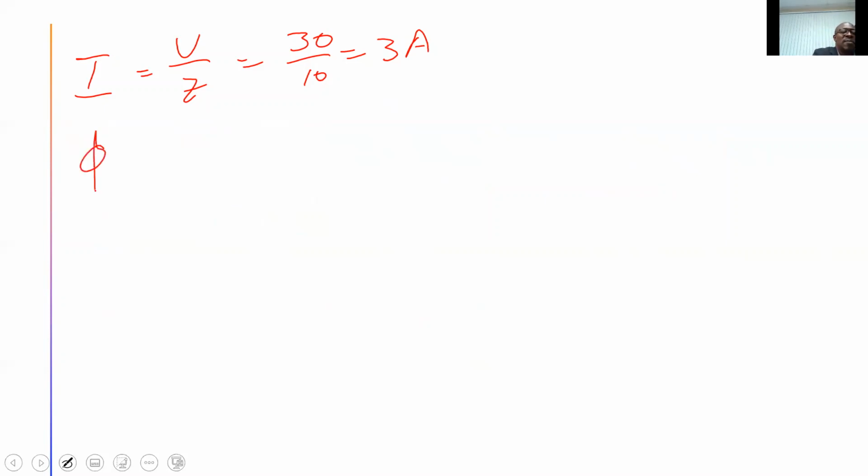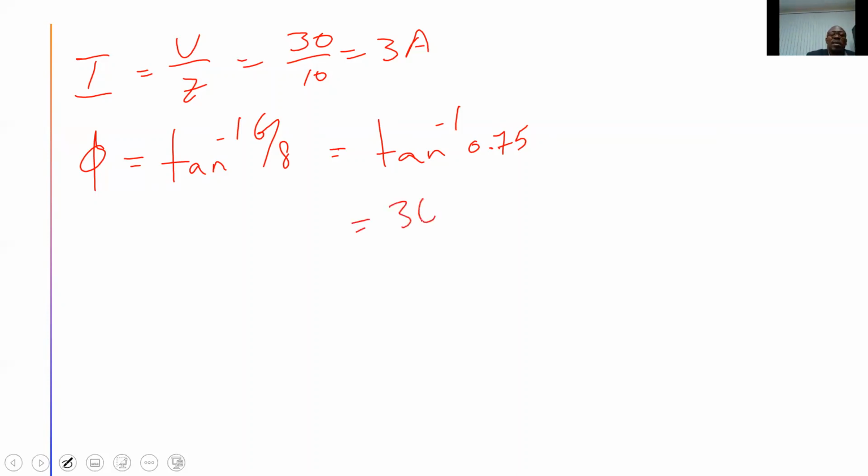So phi is equal to the inverse tan of 6 over 8. That's the inverse tan of 0.75. We put that in, and that gives us 36.86 degrees.